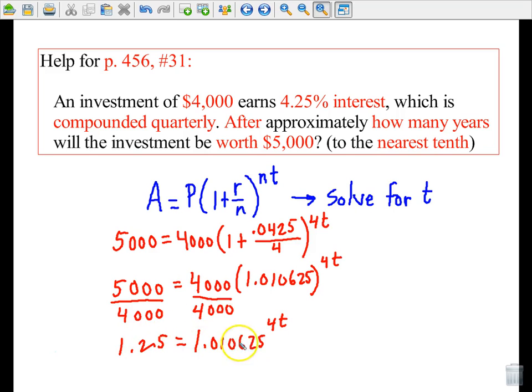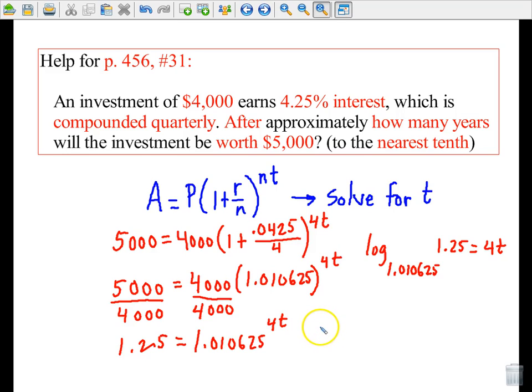What does this exponential equation look like as a log equation? How about Mackenzie? Okay. Nice.